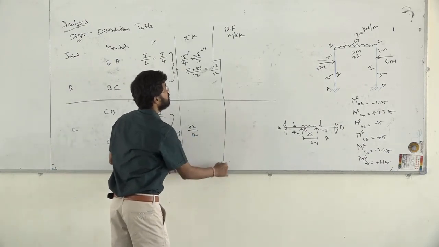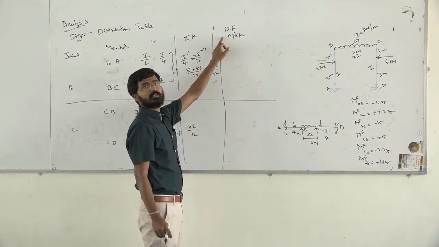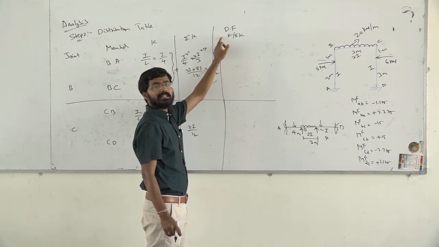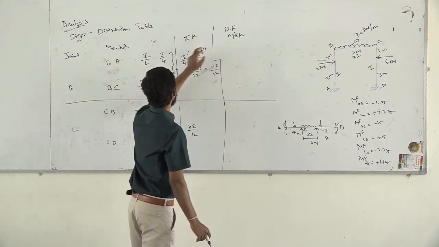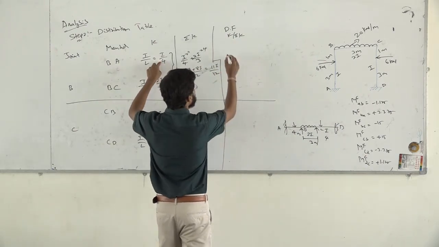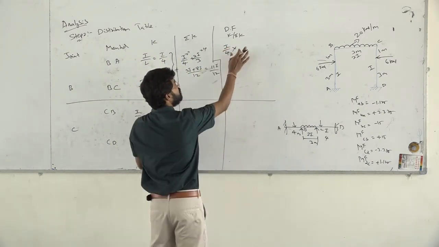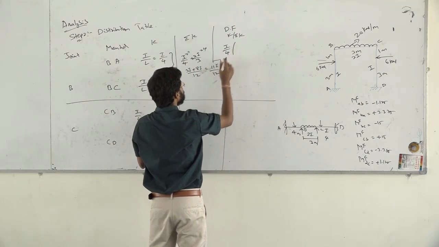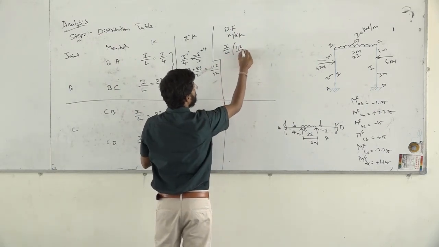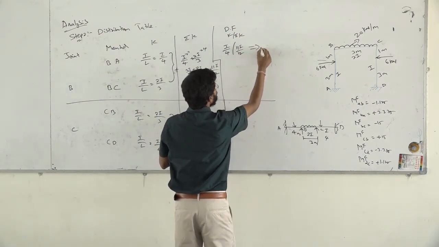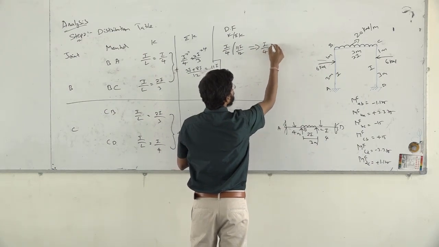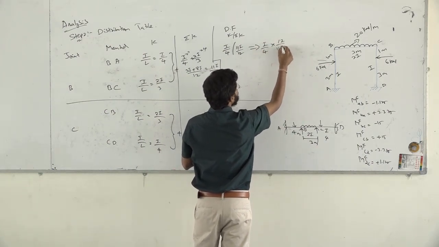Now this part is the distribution factor. We call the distribution factor k upon summation of k. The k value we have is I by 4, divided by 11I by 12, which means you can write this as I by 4 into 12 upon 11I.